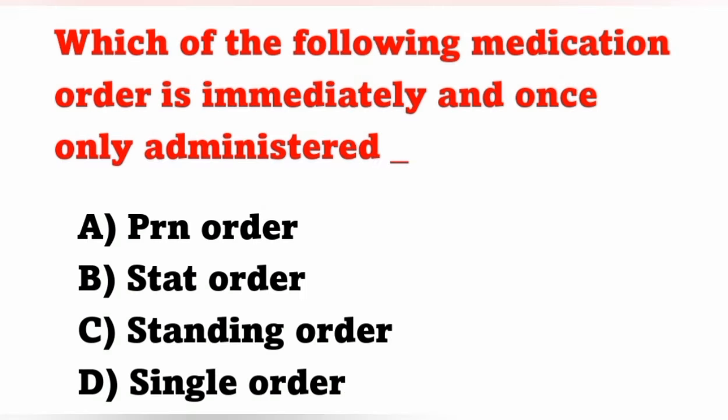And the next question: which of the following medication orders is immediately and once only administered? Options: option A PRN order, option B stat order, option C standing order, option D single order. The question is a medication order that is immediate and once only. Immediate and once only means it is a stat order.